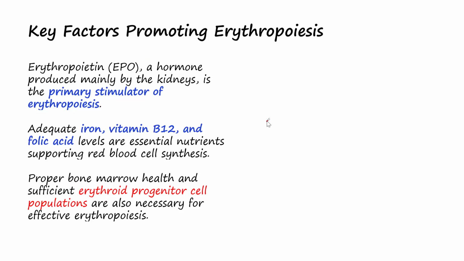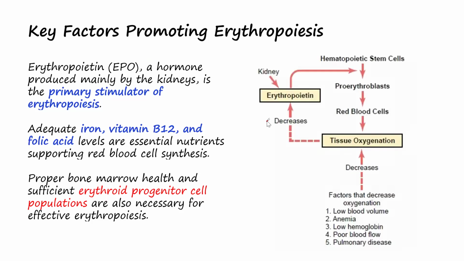If the bone marrow is healthy and there is a sufficient erythroid progenitor cell population, these are very necessary for effective erythropoiesis. If there are not sufficient erythroid progenitor cells and the bone marrow is not healthy, there will be a problem with erythropoiesis.